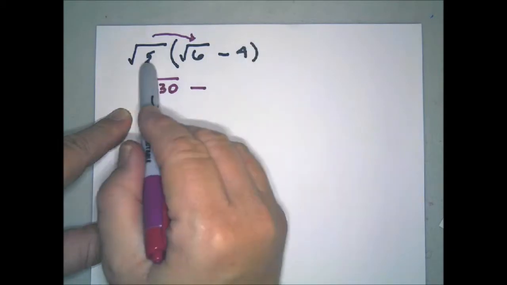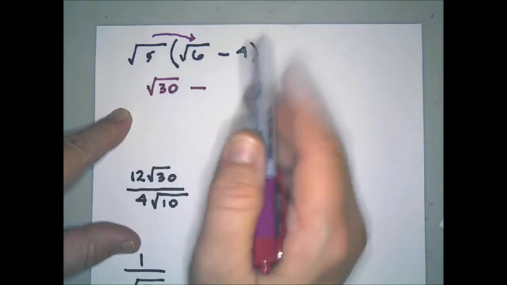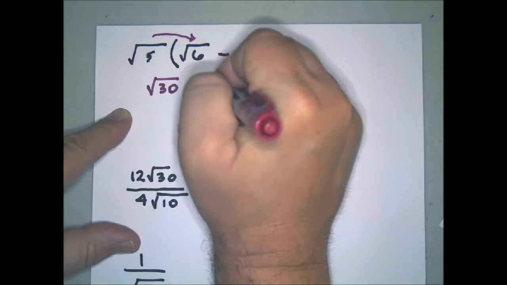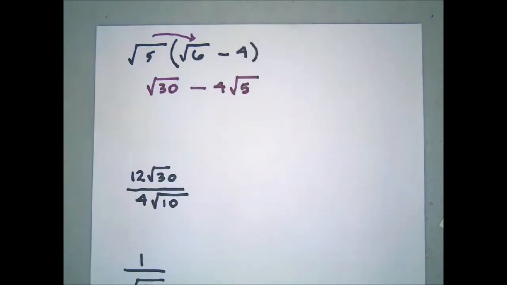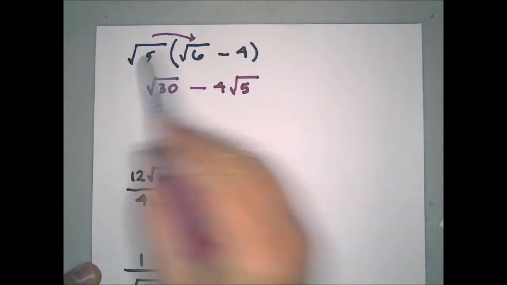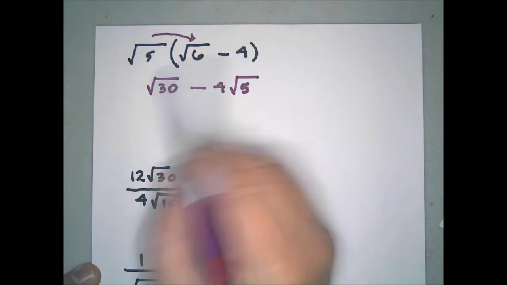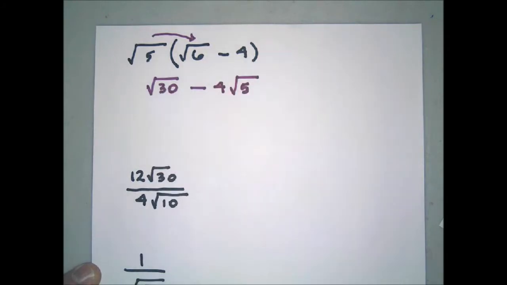That's an inside number and that's an outside number, and so they really can't do anything with each other other than get multiplied. So square root 5 times 4, or if you thought of it the other way, 4 times square root 5, is just 4 square root 5.